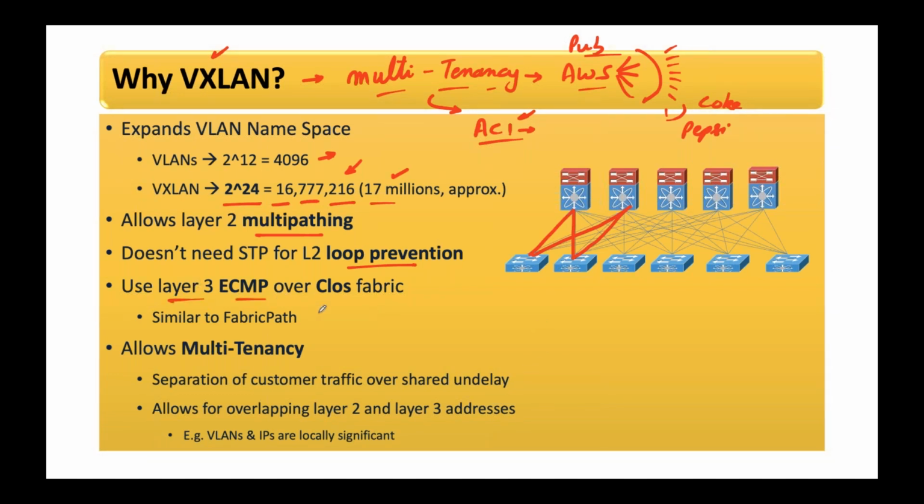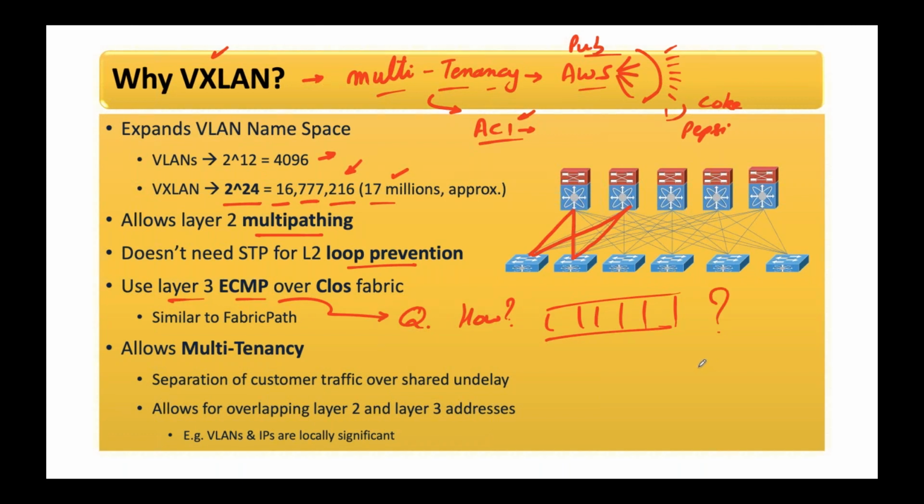It uses layer 3 ECMP, equal cost multipathing, and whenever the term ECMP comes, a question comes from me: how is ECMP provided using VXLAN? The answer lies in its header. One of the fields in the header has the quality of providing equal cost multipathing, and this is the question I'm putting to you right now.